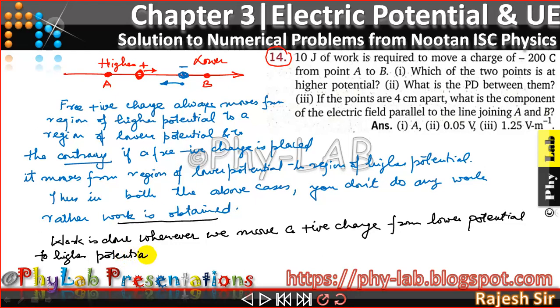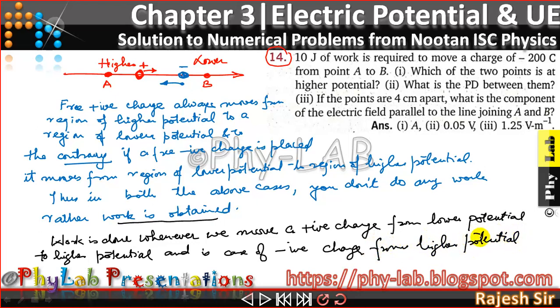And in case of a negative charge, from higher potential to lower potential, friends. Now that is the crux of the problem: from higher potential to lower potential. So if you know this basic property, friends, then only this question makes sense to you. So work is going to be done whenever I move a negative charge from a region of higher potential to a region of lower potential.